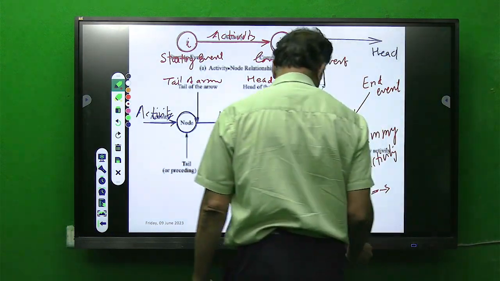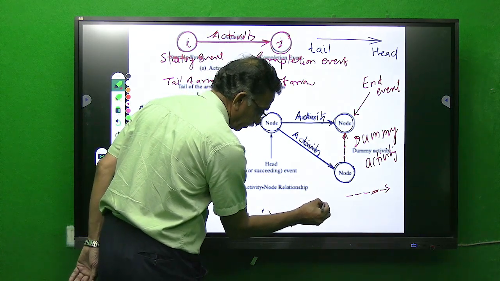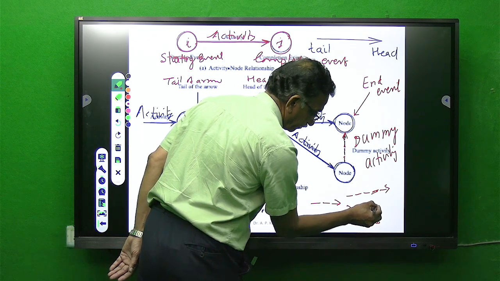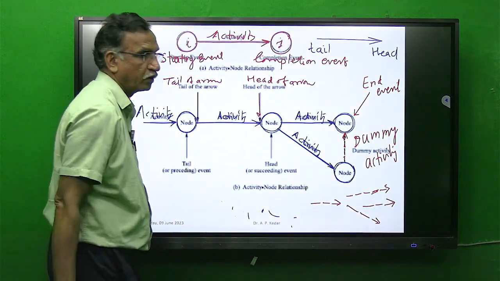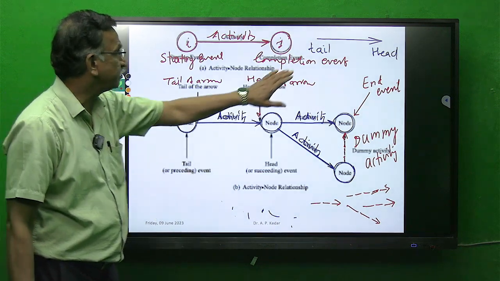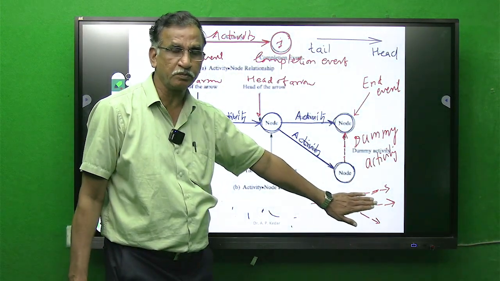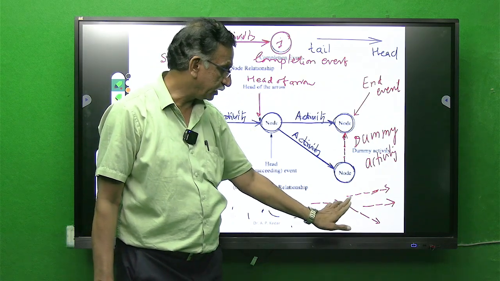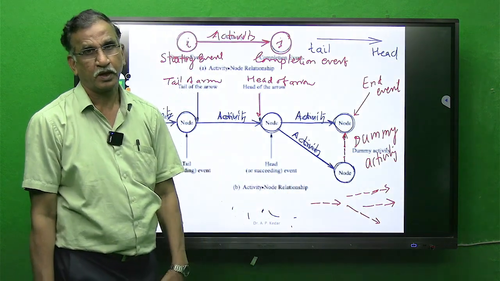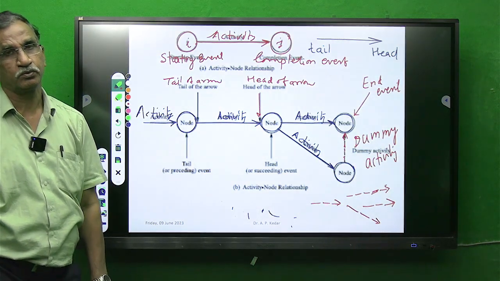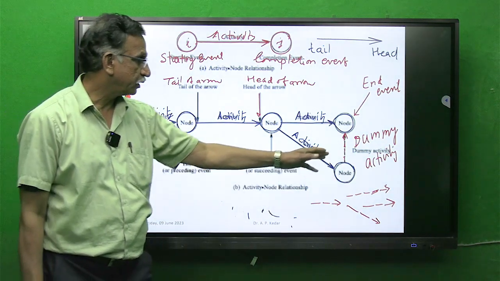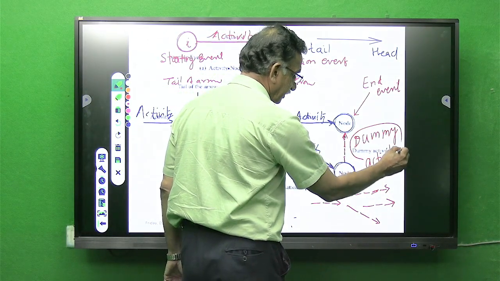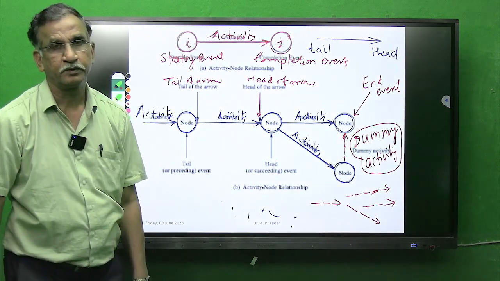This representation is similar, except it is a continuous arrow, whereas this is a dash arrow. The dash arrow is used to represent a dummy activity.